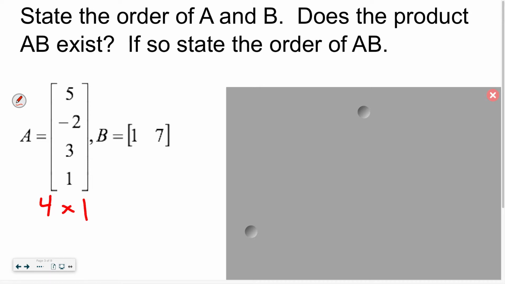Ryan, what is your order of B? 1, 7. 1 by 7. 1 row and 7 columns. Rows by columns, right? Yes. How many rows? 1. How many columns? 7. 1. 2? I don't know.